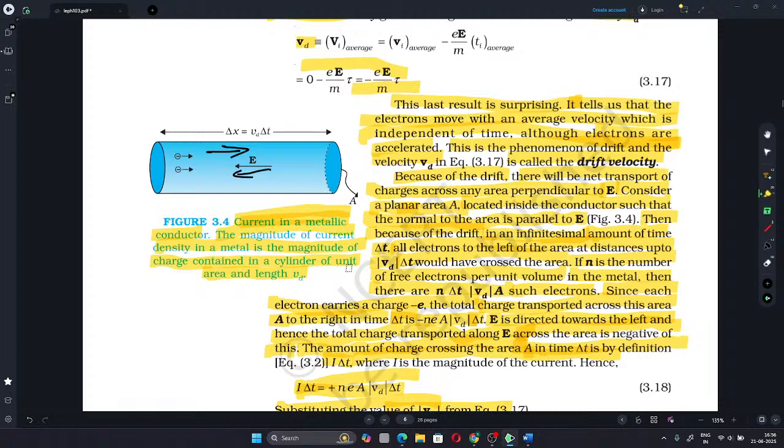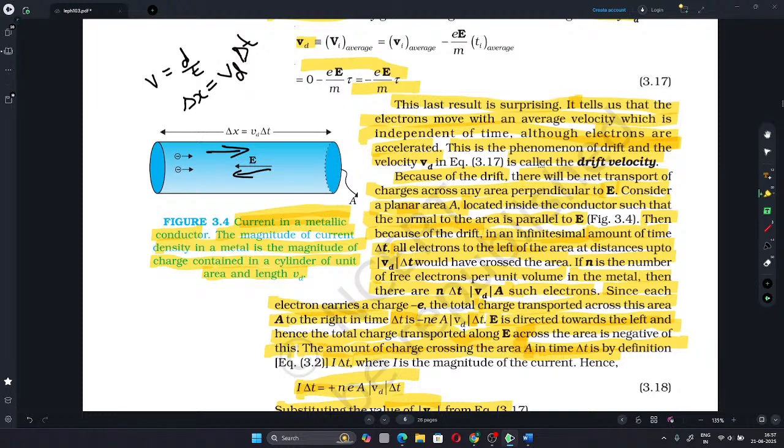This is basically using the very basic formula: velocity equals distance by time. As such, the distance delta x equals velocity, which is drift velocity, times time taken, delta t. Vd times delta t would have crossed the area.